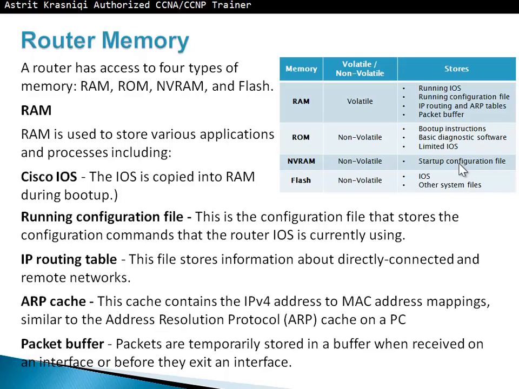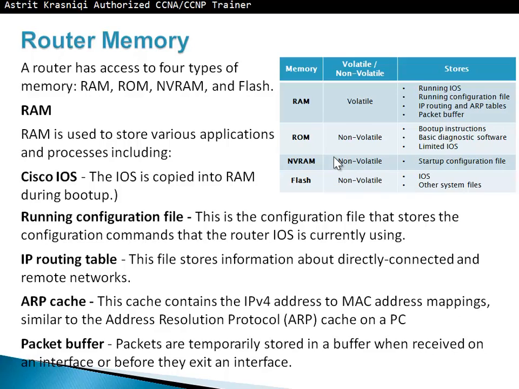configuration file. On RAM, the IP routing table is stored as well, and the ARP cache. This cache contains the IPv4 address to MAC address mapping, similar to an ARP cache on the PC. And we have packet buffers as well. Packets are temporarily stored in a buffer when received on the interface or before they exit the interface.